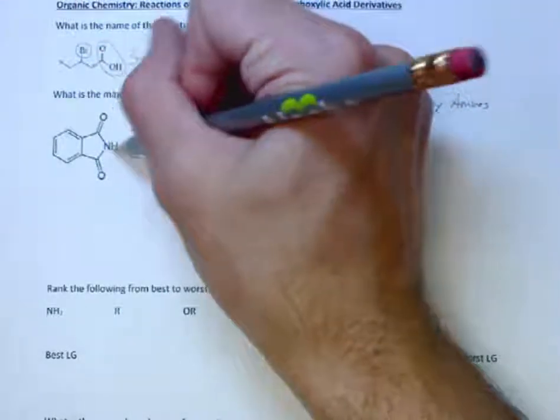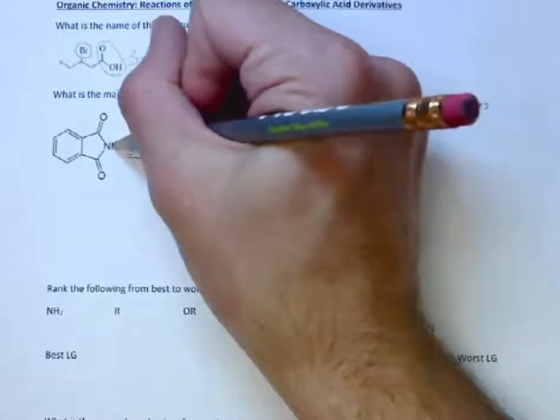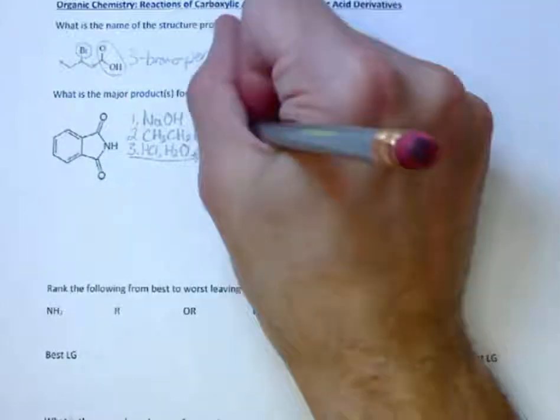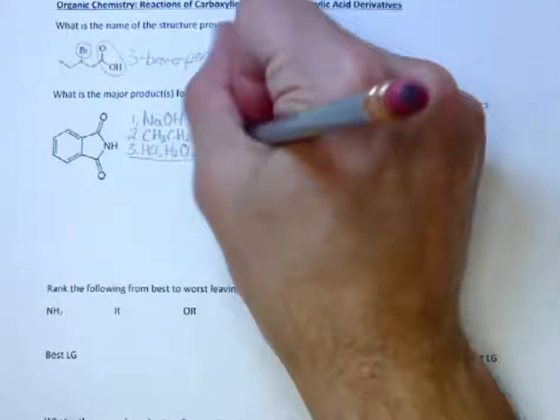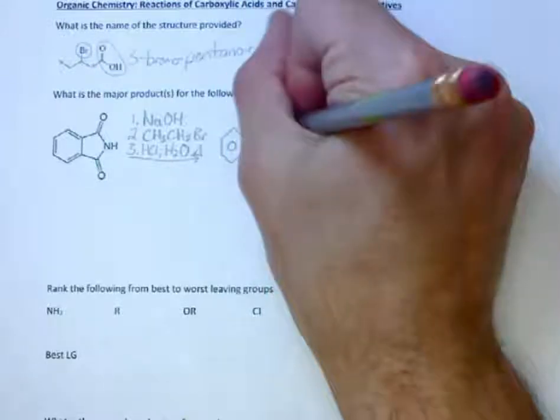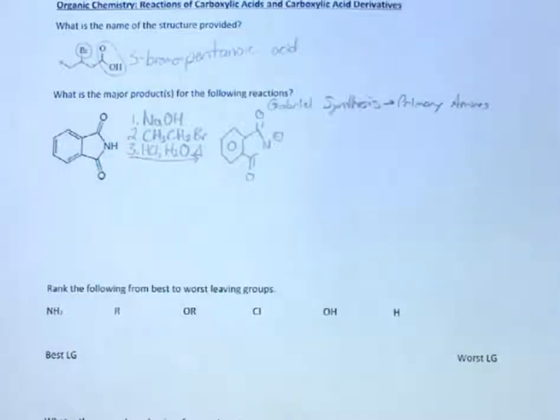Our acidic proton is here, so the OH minus will take the proton off of that. Next, we add in our primary alkyl halide. And if you recall, with primary alkyl halides, this will be an SN2 reaction.